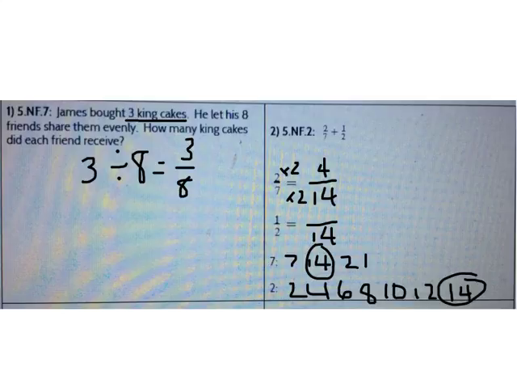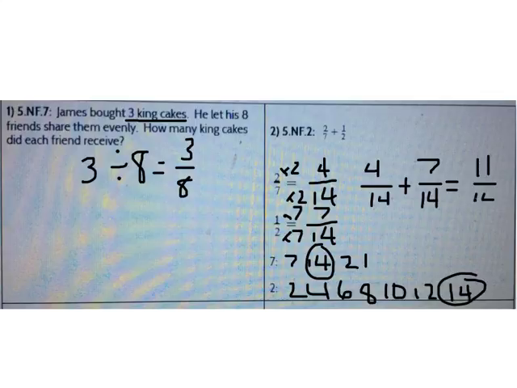When I change 1/2 so that the denominator is 14, what's my new fraction? Well, 2 times 7 is 14, and 1 times 7 is 7. So 1/2 is equal to 7/14. Now I can add. What's 4/14 plus 7/14? It's 11/14.